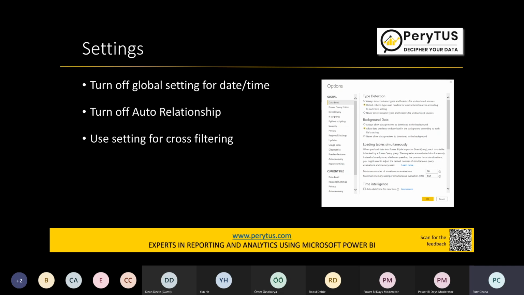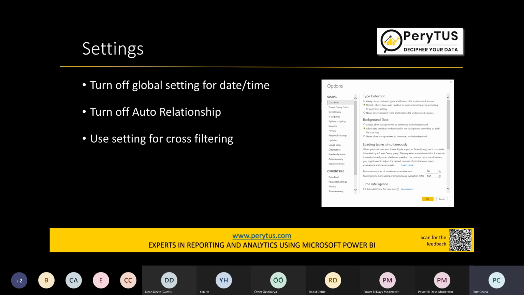What is the reason that your cross filter direction is set to both? So I always turn off detect auto relationship in my settings. But again, this is a report based setting. So every time you start a new report, go to options and settings and turn off auto relationship, so that when you load the data and bring the tables in, you are manually setting the relationship.